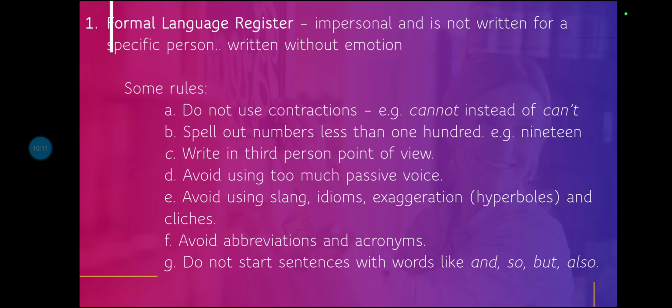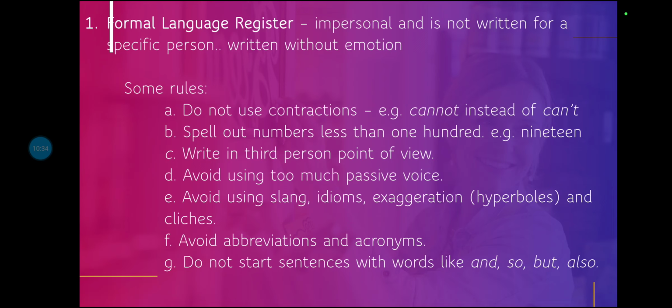And then we must avoid abbreviations and acronyms. If, for example, we need to repeat the word in the next sentence of a certain paragraph, then let's just spell it out at the beginning so that the readers will be guided. And then do not start sentences with words like and, so, but, also.